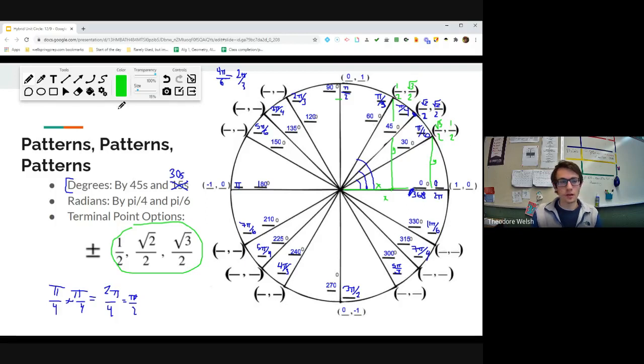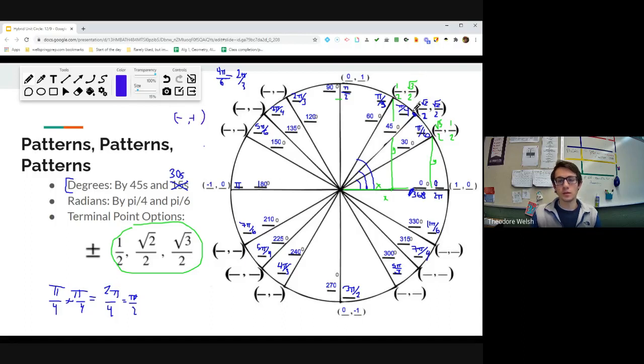And the way that we construct all these other points is by using these 3 and thinking about what quadrants we are in. If we think about quadrant 2, just thinking about general x and y values in terms of positive and negative, in quadrant 2, we are on the negative x-axis and positive y.